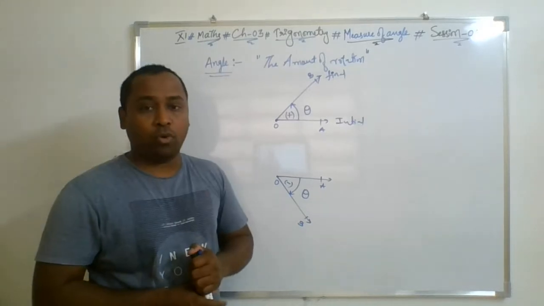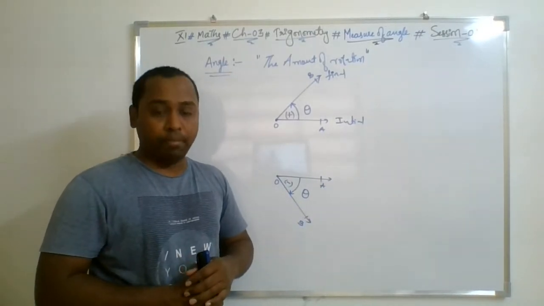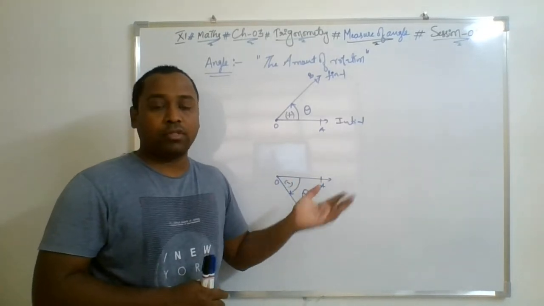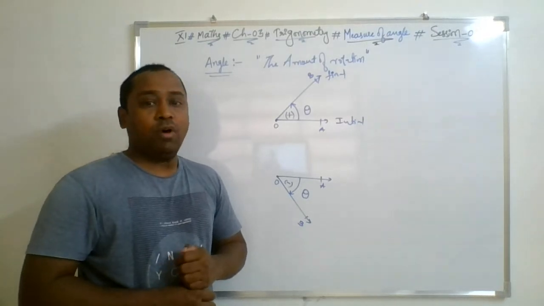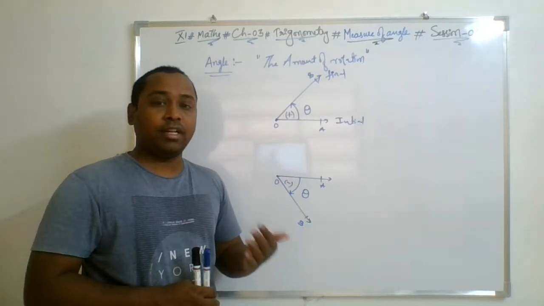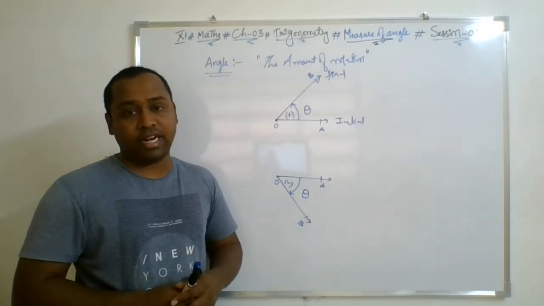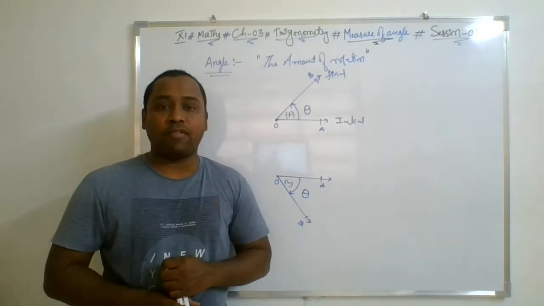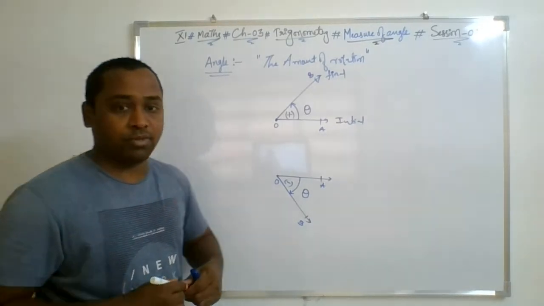Now coming to the point, in how many ways can the amount of rotation be measured? Usually, since so long, even I could say since 8 to 9 years, you are using the angles in degree measure. That is 0 degree, 30 degree, 45 degree, 60 degree, 90 degree, 180 degree, even 360 degree. You are all aware of the measure of angle in degree terms, right?